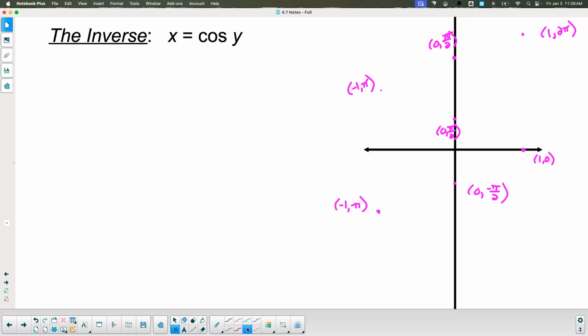Then we went to negative 3 pi over 2, 0, which flips to 0, negative 3 pi over 2. And then we ended up at negative 2 pi, 1. So that would be 1, negative 2 pi. Yes?